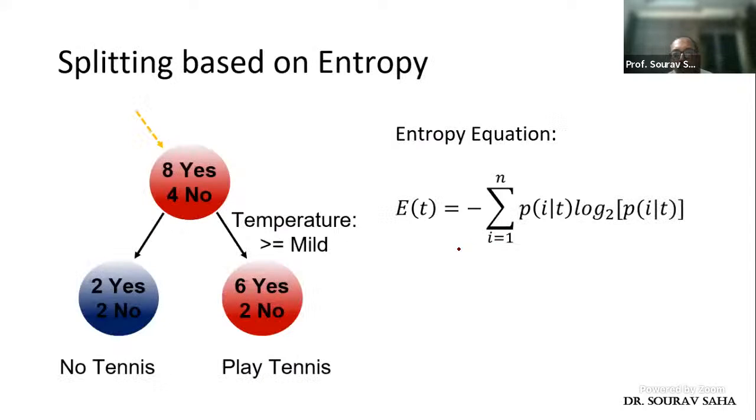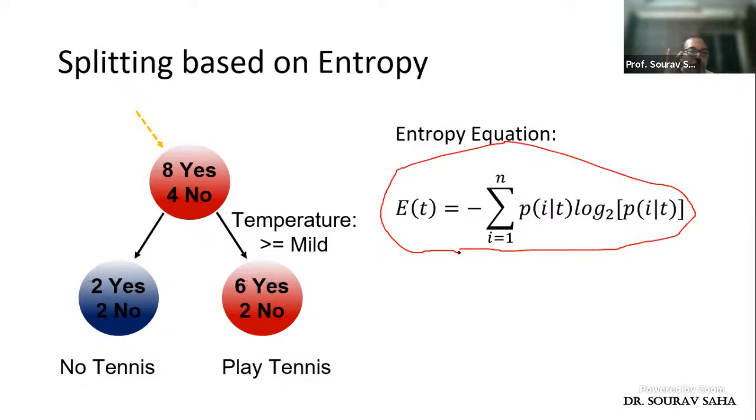How do we calculate entropy? This is the formula for the entropy. Entropy is the proportion of the values multiplied by the log to the base 2 of the proportion of those values. By the way, log to the base 2 applies when you have two classes, basically two decision nodes.